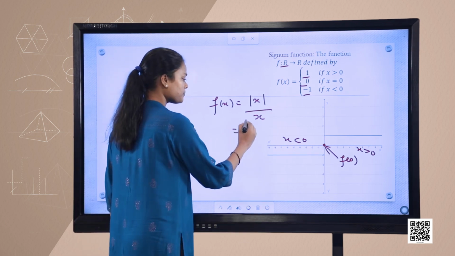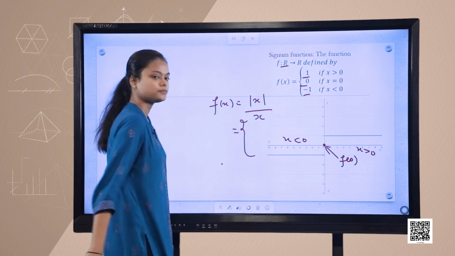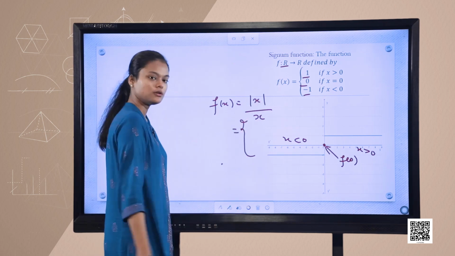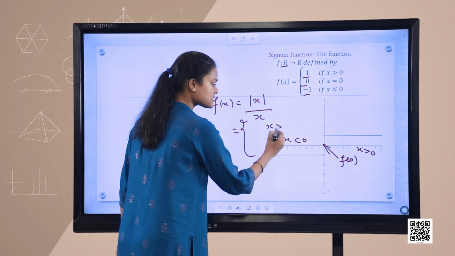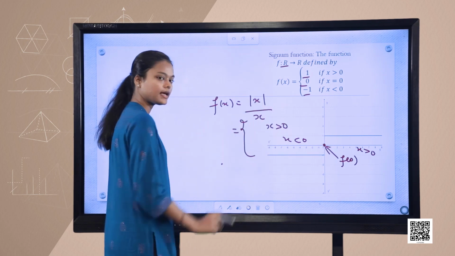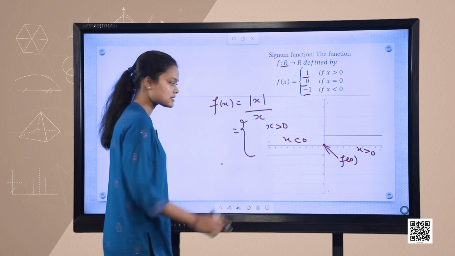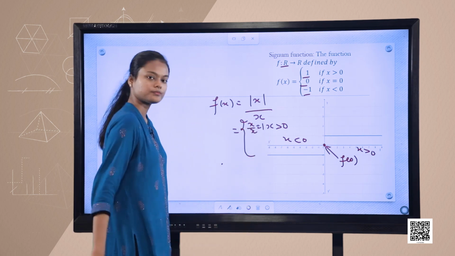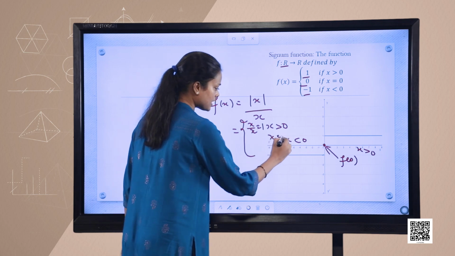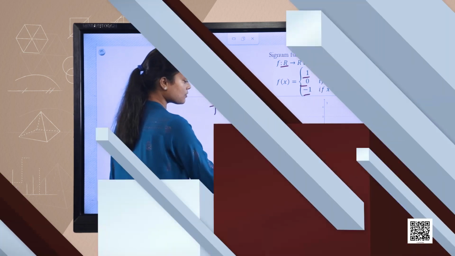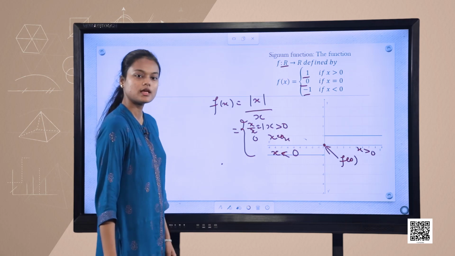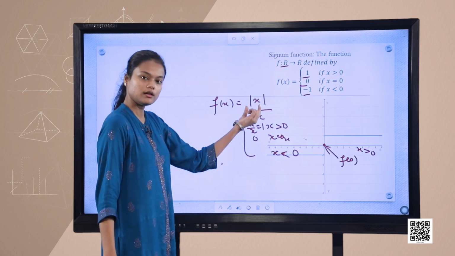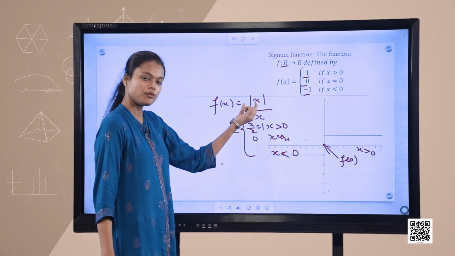You may notice, if we break this function, it is the modulus function. So when x is greater than 0, what values will it take? For positive x, positive x by x gives you 1. When x is equal to 0, it is already defined, it is 0. When x is less than 0, mod x will take which value?